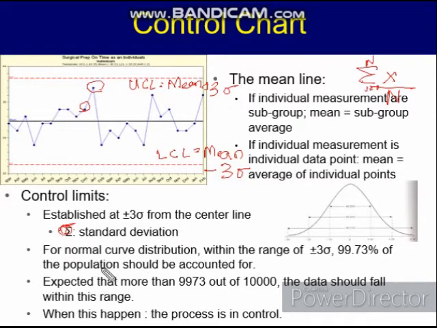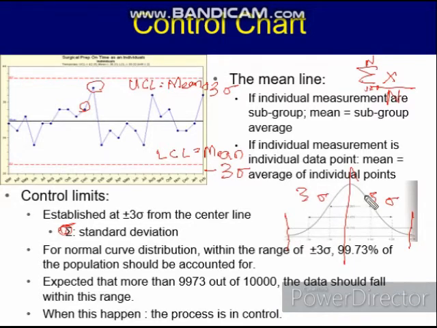Just some explanation about this. For a normal curve distribution, it looks like this. This is the mean center line, and over here this is 3 sigma.